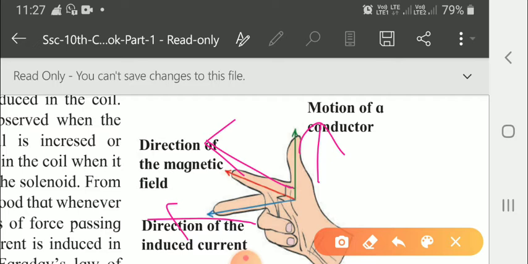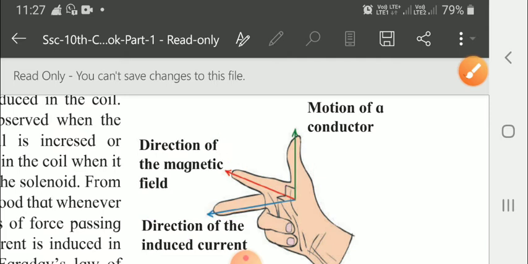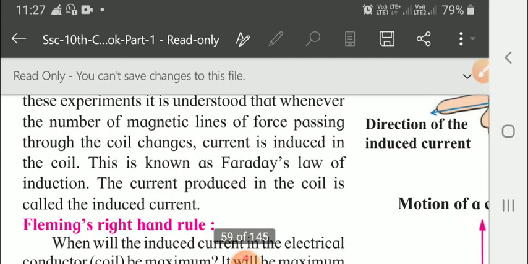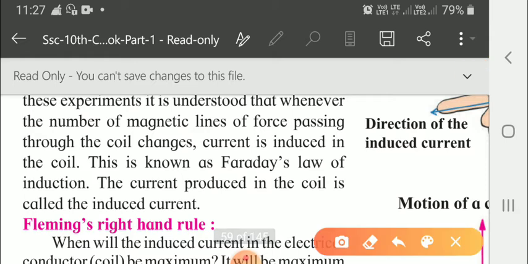This is known as Faraday's law of induction, and the current which is produced is called the induced current. So this point you have to underline. This full part you have to underline.